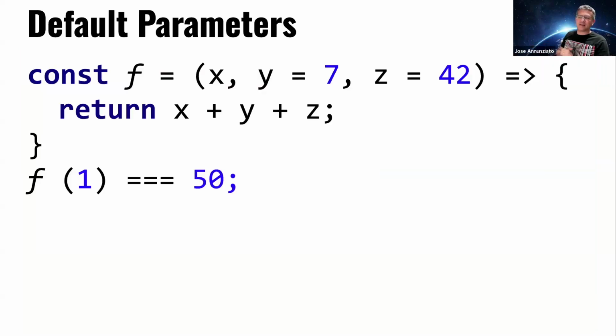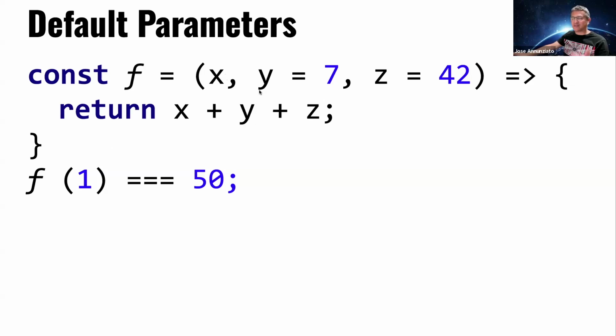Also, the language provides default parameters. So here we have functions with a parameter list over here, and if you want to make certain parameters optional, meaning that you don't have to pass the value, like over here, you can call f with just one, which gets assigned to the parameter x.